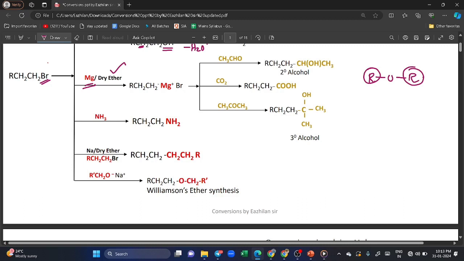Magnesium is a metal, and when a haloalkane reacts with magnesium, what you get is an alkyl magnesium halide. The polarity of this alkyl magnesium halide is very important to understand these reactions. The alkyl part always has a negative polarity and magnesium always has a positive polarity.